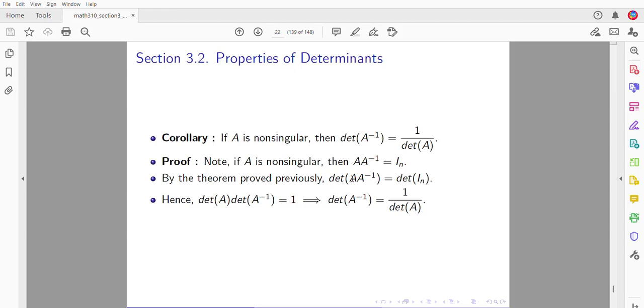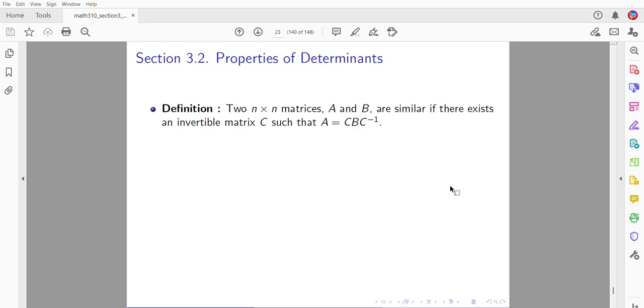Determinant of A times A inverse is determinant A times determinant A inverse. On the other hand, A times A inverse is I, determinant of I is 1. So what is determinant of A inverse? I want to solve for this. Divide both sides by determinant A. Determinant of A inverse is 1 over determinant A.